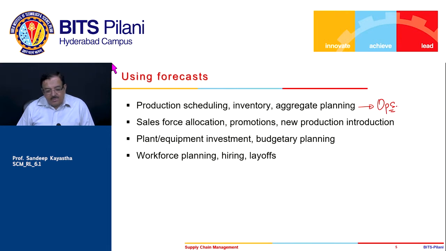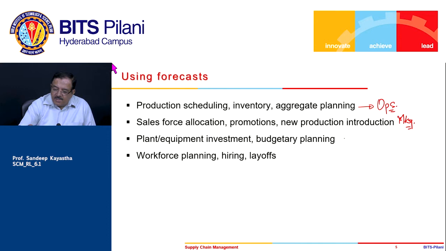For production scheduling, they need to know what the orders are and what the forecasts for the orders are. If orders are large, production scheduling, inventory management, and aggregate planning will differ from the case where there are fewer orders. People in marketing also need forecasting methods because they have to plan for sales force, promotions, and new product introductions.